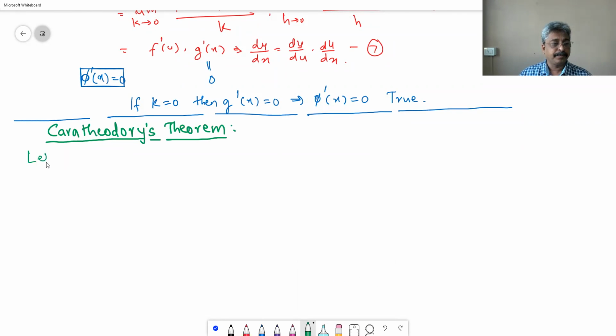Let f be defined on an interval I containing the point c.